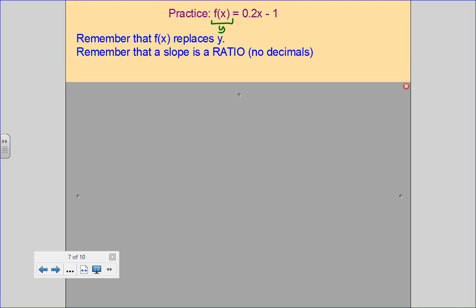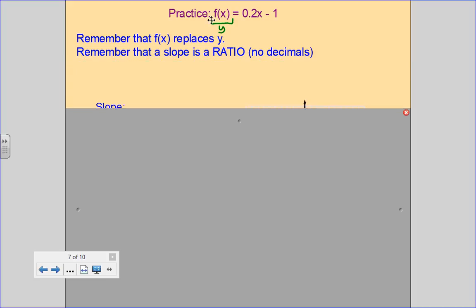So to do that, we're going to need to write 0.2 as a fraction. So remember, if we read that properly, that is 0 and 2/10. So 2/10 is a fraction that simplifies to 1/5. F of x can be replaced with y.